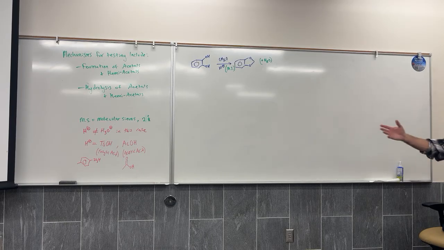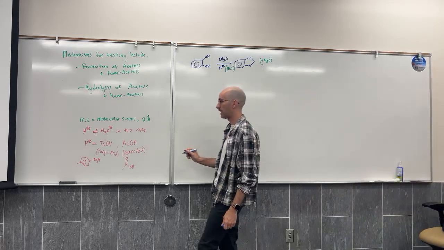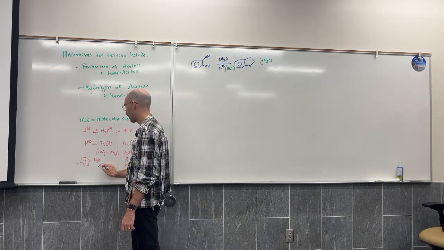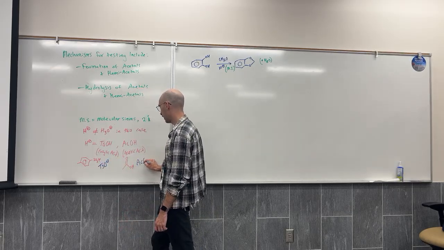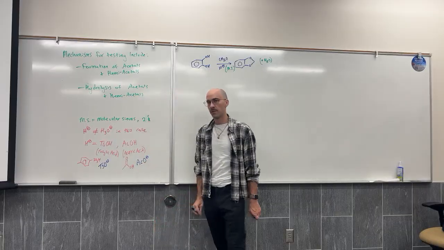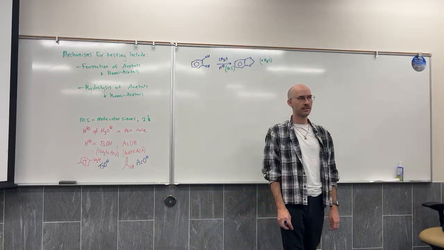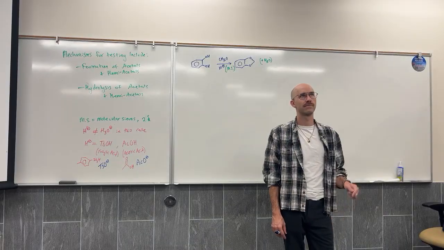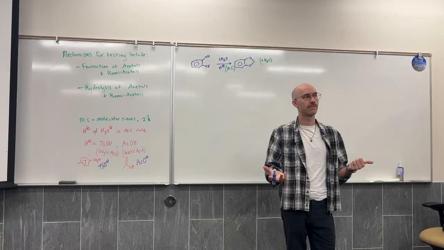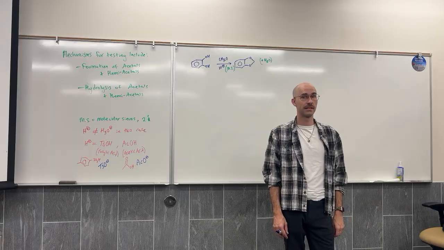The conjugate base of tosylic acid is TsO-. The conjugate base of acetic acid is AcO-. But the conjugate base of H+, exactly, nothing.